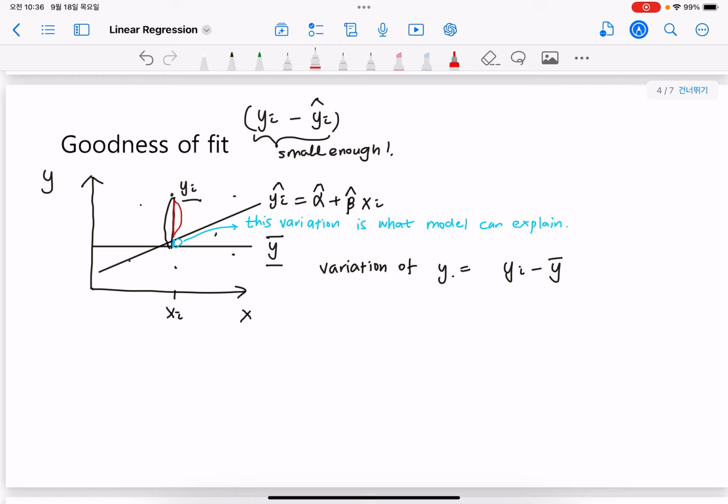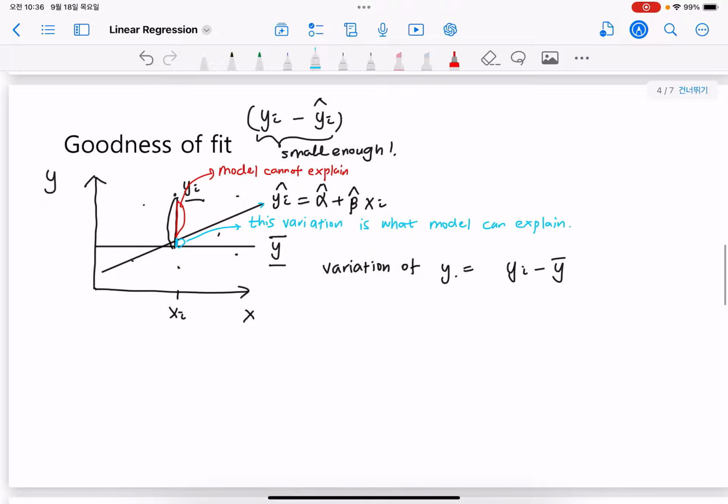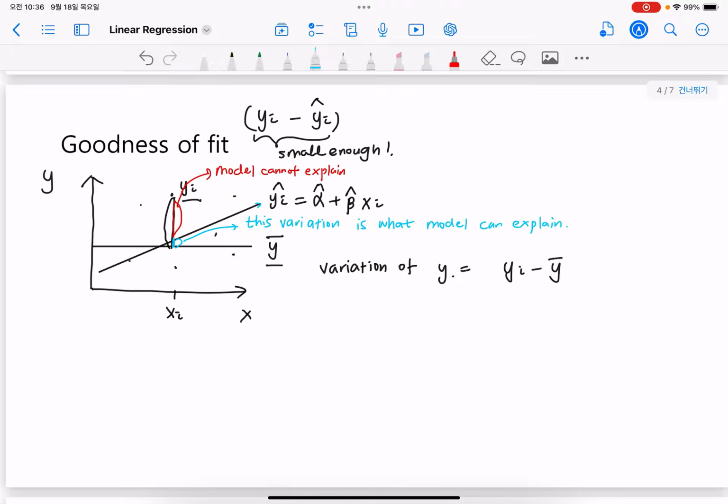Okay, so this part is the residual part the model cannot explain. Why? Because essentially speaking, under this model, we are predicting y to be the y hat, right? So the variation that can be explained by the model is only the variation between the y hat and the y bar, okay?